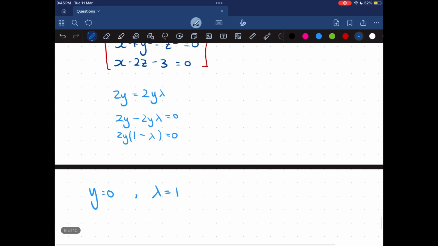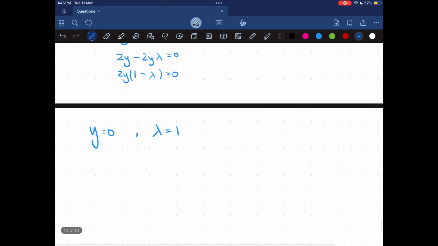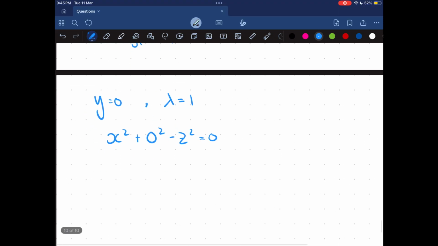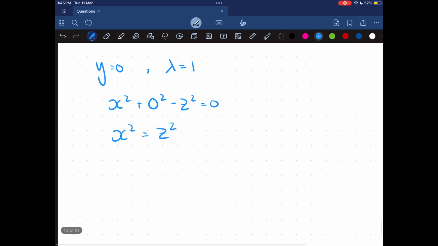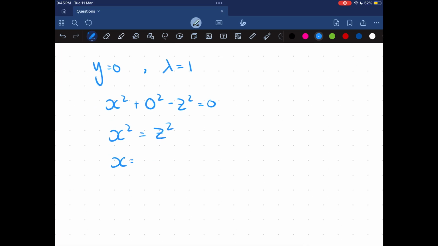Okay, so x squared plus 0 squared, because that's what we're plugging y into, minus z squared equal to 0. x squared equals z squared. So x will equal plus or minus z, just square rooting both sides.